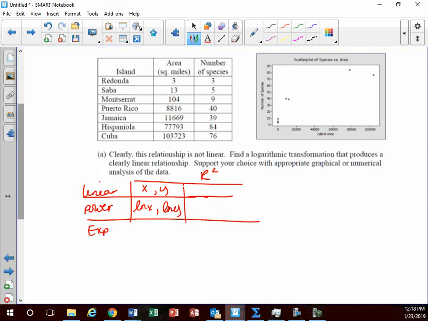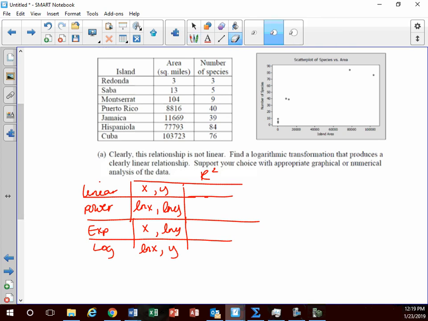Exponential. That's where I do x and natural log of y. So I just want you to go through each of those and jot down your R-squared value for each.